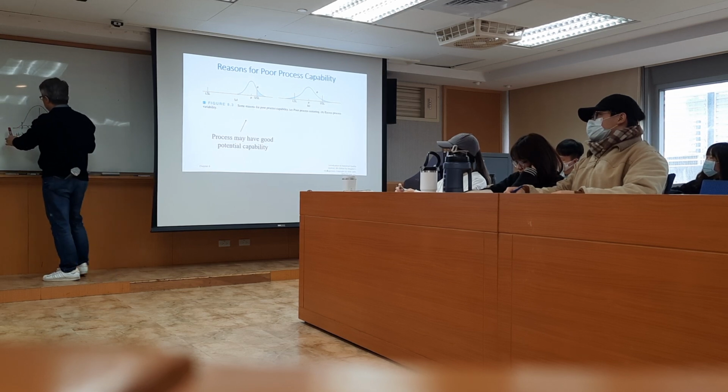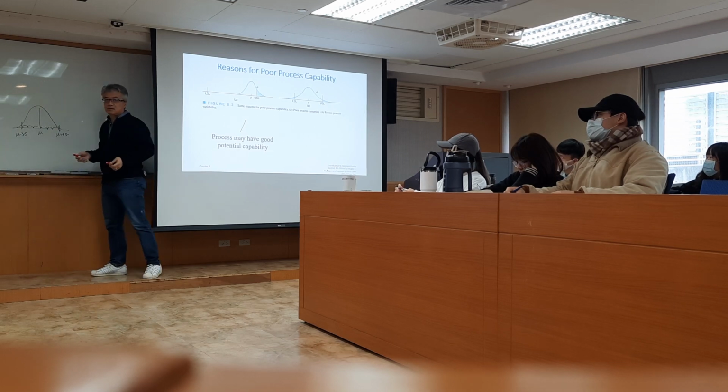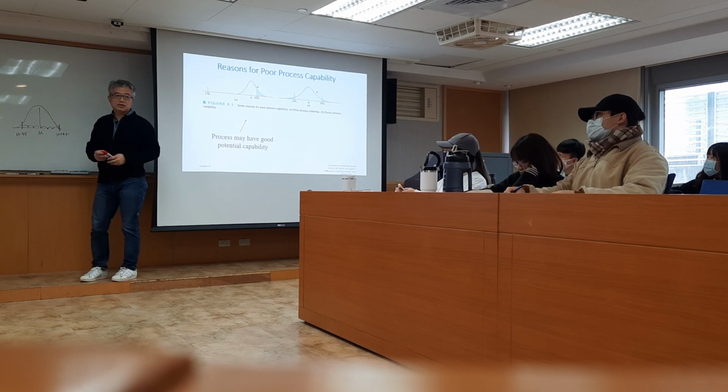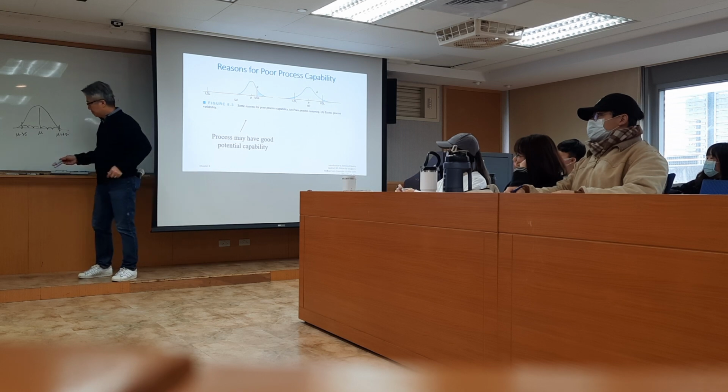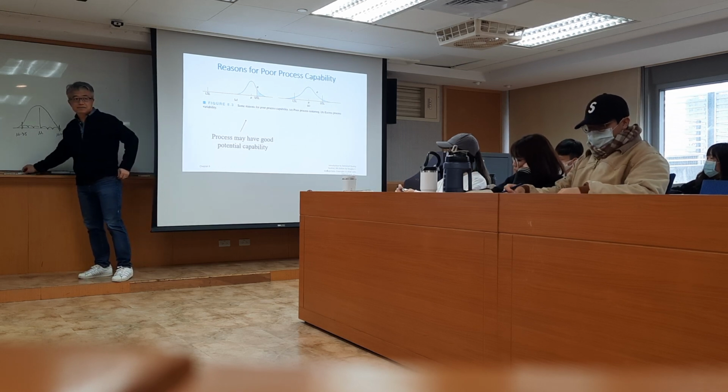Then, what about this? Is this process capable? No. So we consider the distribution, and also consider the center position. What is the center of the specification limits? Get it?